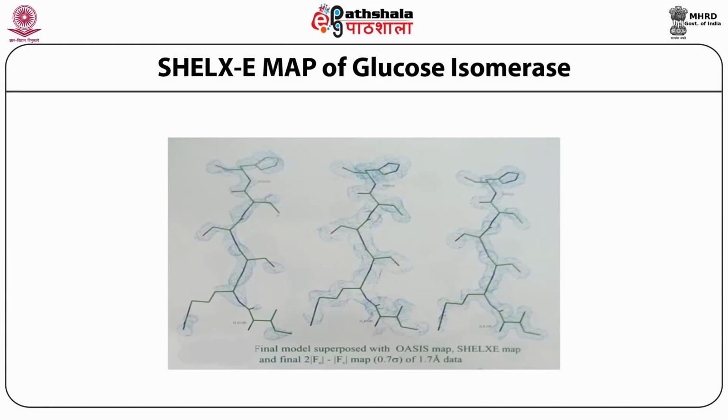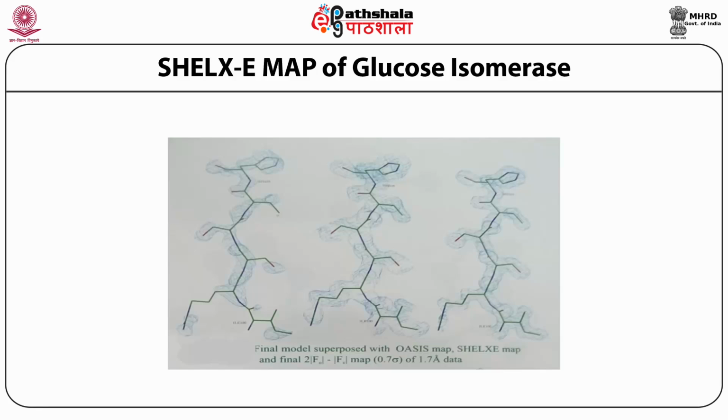So this is just to have a feel of the map produced by SHELXE, to have a comparison with the direct methods program map, Y-axis, and the conventional difference Fourier map, 2FO minus FC, which is provided as a third map. A feel you can have now for the 1.7 angstrom data. All the 3 procedures work very well. There is a direct methods phasing map, Y-axis map, first map, second is the SHELXE map, third is your final difference Fourier.